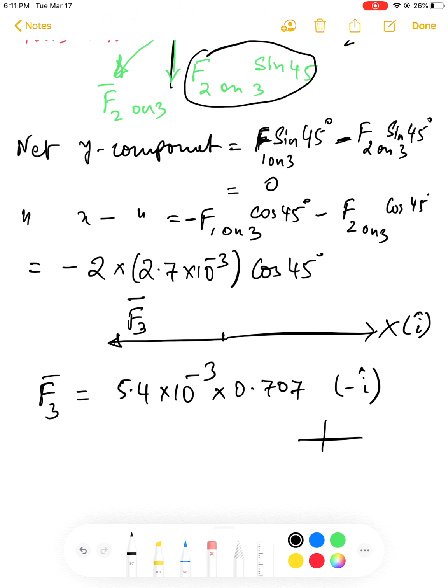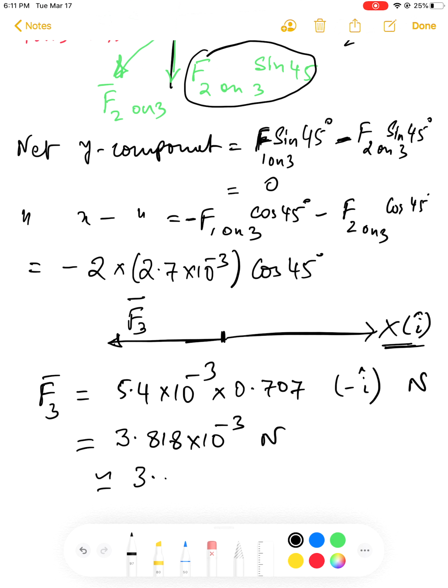Because this is your positive direction. You're going to the left, so that's negative 1. So if I plug in that number, it will give me 3.818 times 10 to the minus 3 newtons. Roughly speaking, 3.8 times 10 to the minus 3 newtons to the left with a negative I hat.